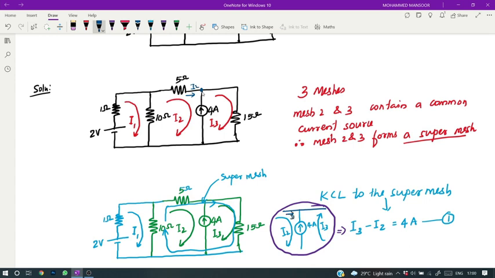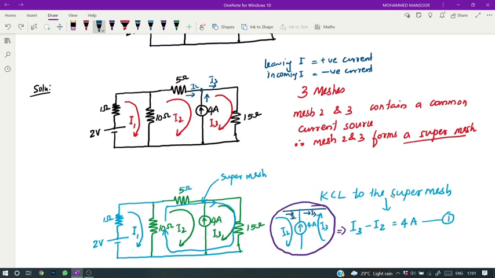This is I2, and this current is I3, and this current is 4 ampere. According to KCL, the algebraic sum of currents meeting at a junction is 0. If we take the leaving current from the node as positive current, and incoming current as negative current, now let's assign the sign for I2, I3 and this 4 ampere.